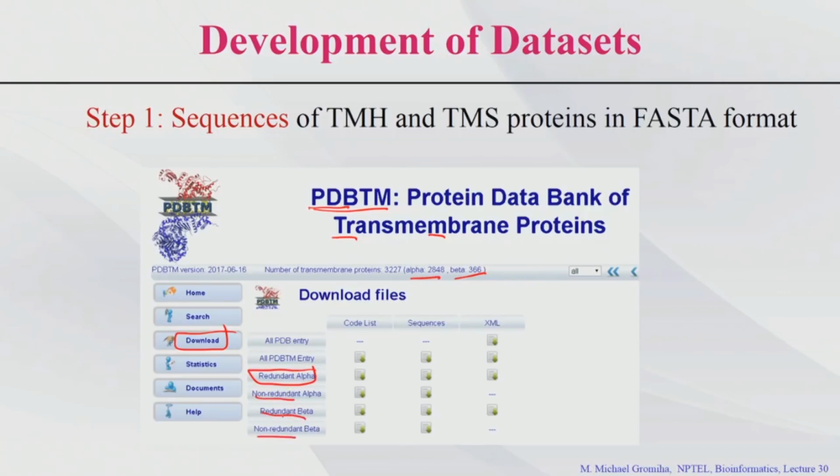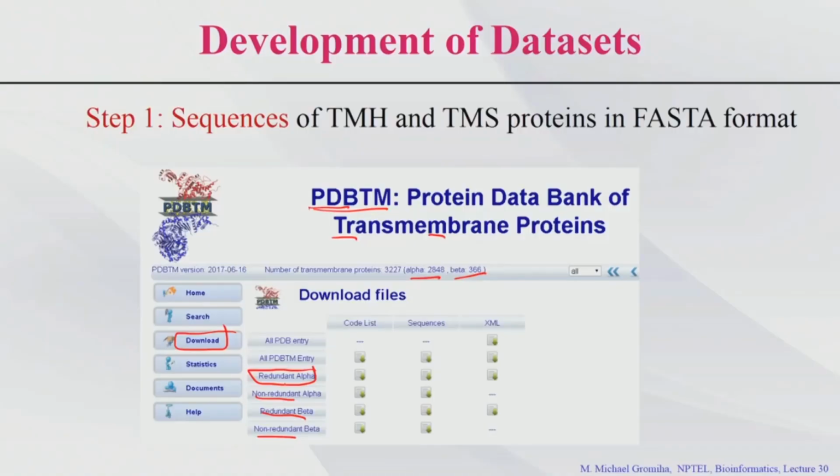First we take all the redundant ones. You can get non-redundant ones, but here they use a specific cutoff, either 30% or 40%. Sometimes we like to have a specific cutoff as per our desire. In this case we need to download the redundant data, that means we get all the data. Once we get all the data, then what you have to do is take the non-redundant data set.